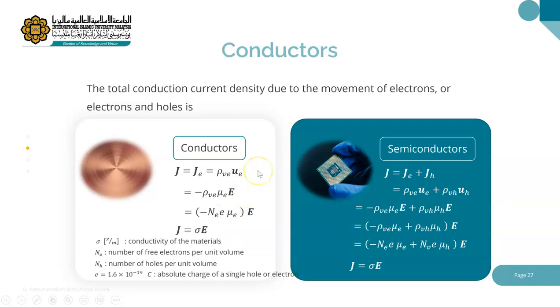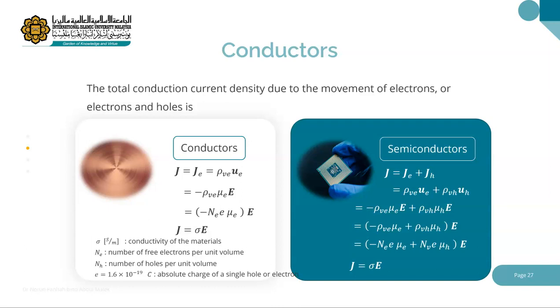The total conduction current density is due to the movement of electrons, or electrons and holes. Electrons only refers to conductors, and electrons and holes refers to semiconductors.